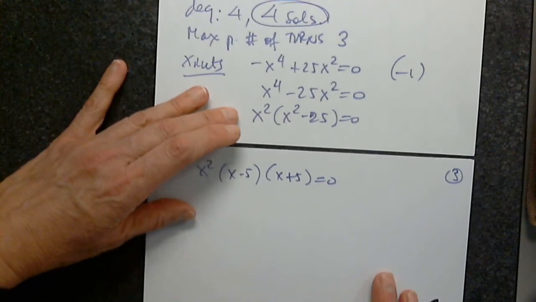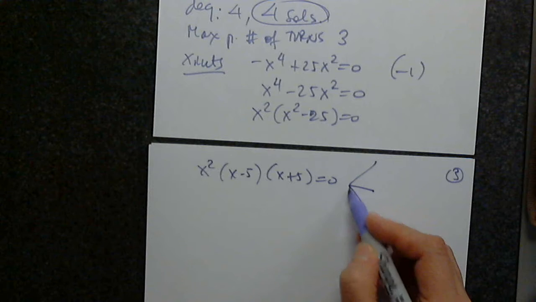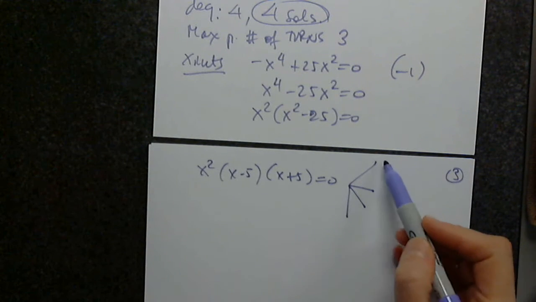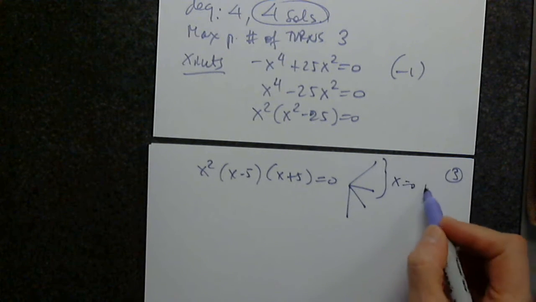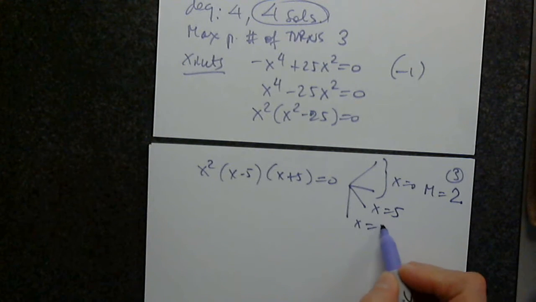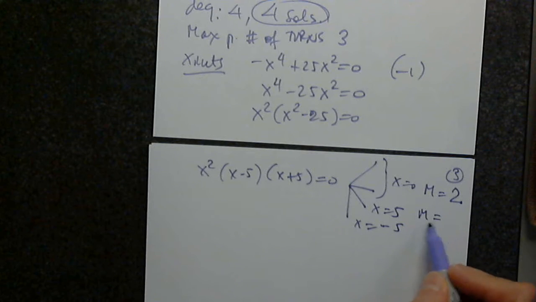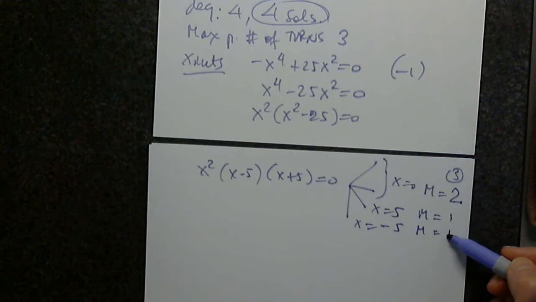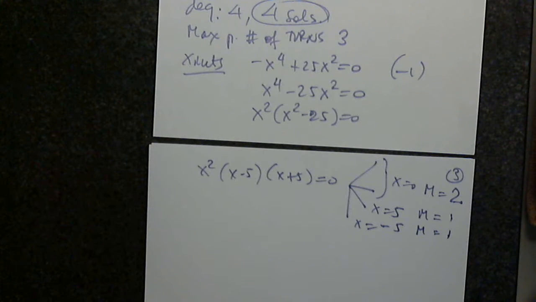So then I have to see 4 solutions. Exactly. Excellent. X equals 0 multiplicity 2. X equals 5 and x equals negative 5, multiplicity 1 for both of them. 2 plus 1 plus 1 has to give us the degree.